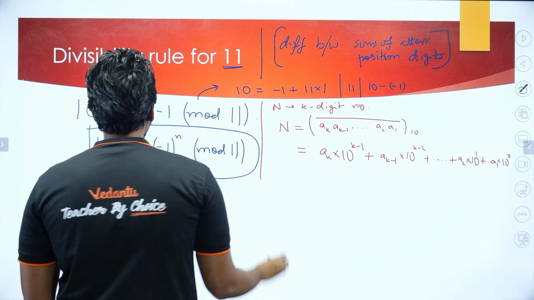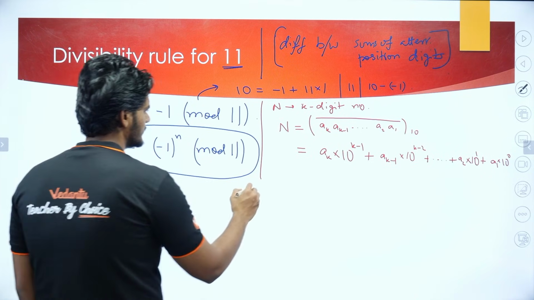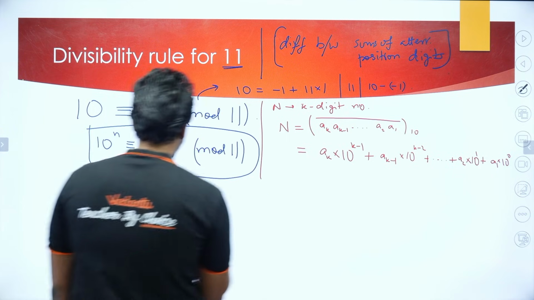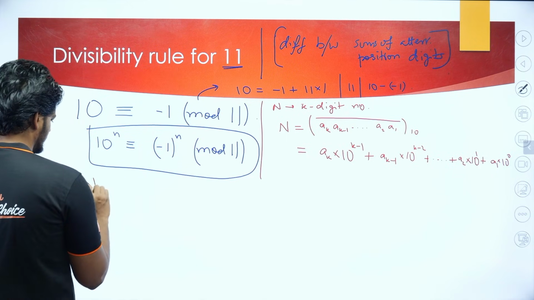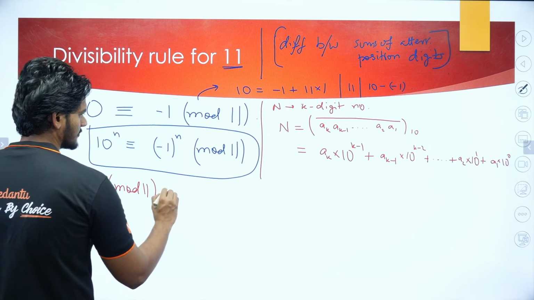Okay, now we look at this. So we will take n mod 11.